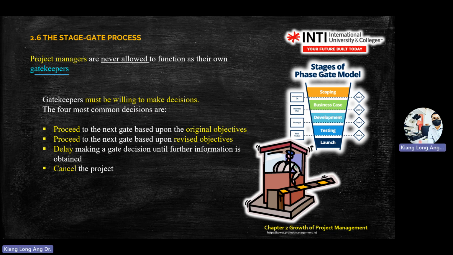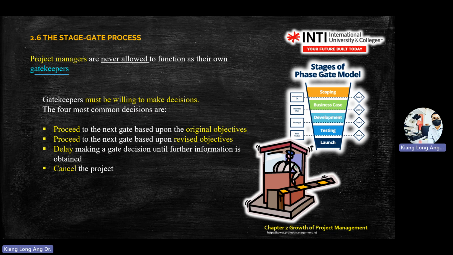Normally it's a senior director, or maybe the previous project leaders who are familiar with it. So it's just a chop and sign, can proceed and so on. So these are the decisions normally.